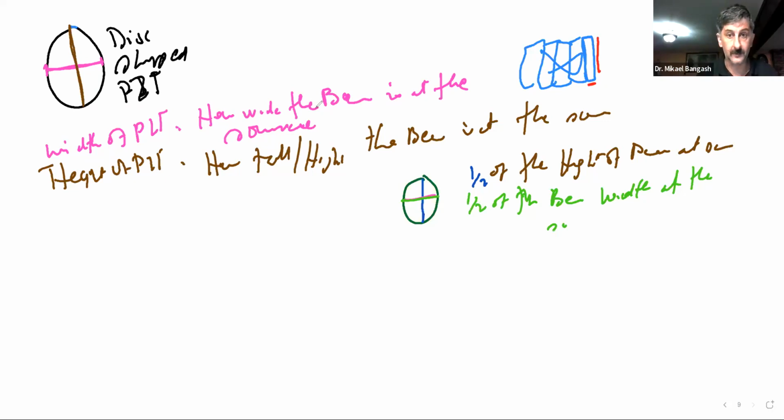So if it was 2 centimeters wide, and let's say 2 centimeters height, then half of that is going to be the height of the beam, and half of the width of the beam at the source is going to be the width of the beam at the focus.